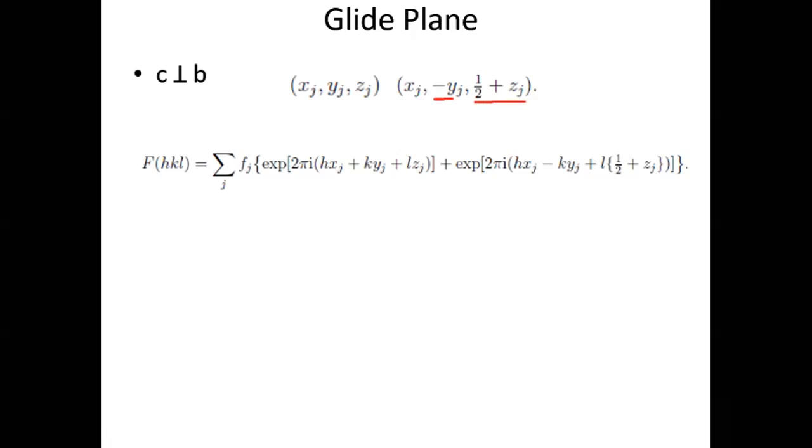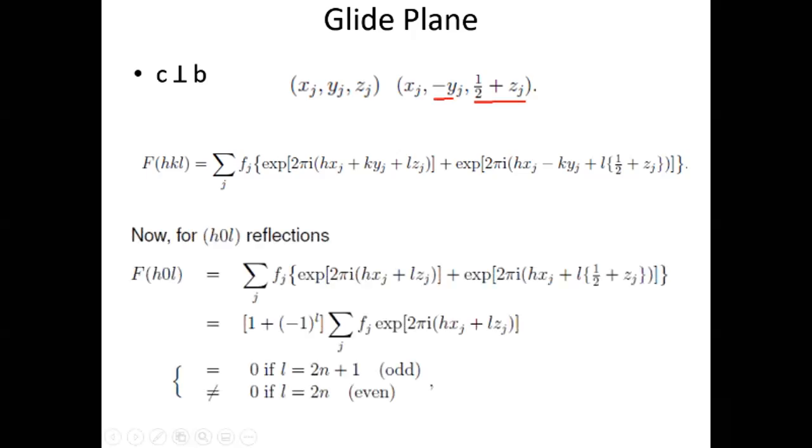So we put it into this structure factor equation. It simplifies down to this expression here, which is 1 plus -1 to the L. And again, if this L is odd, then this becomes 0. If it's even, it's going to be a non-zero number.